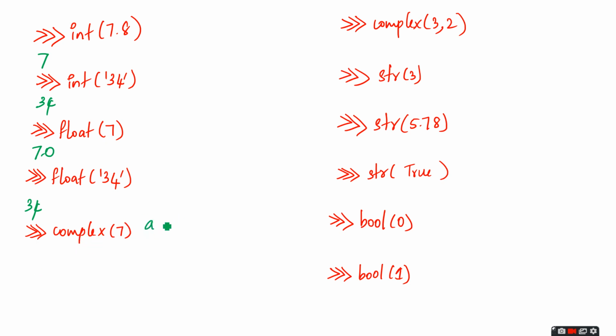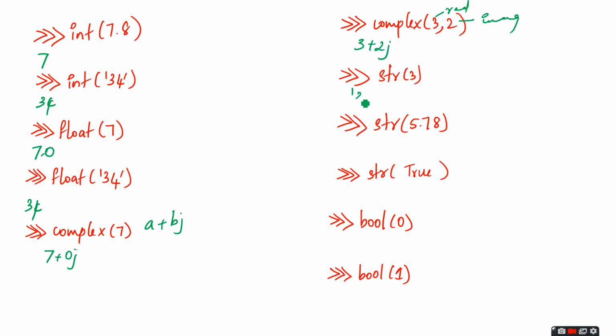We know that a complex number is of the form a plus bj. That means we will get the result as 7 plus 0j. In this way we will get the result. Then complex 3, 2. The first one is the real part and the second one is the imaginary part. So we'll get the result as 3 plus 2j.